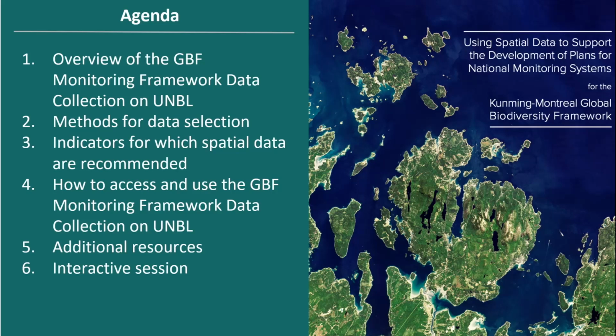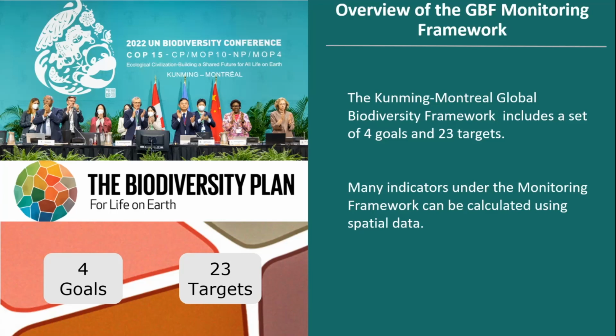Let's start with an overview of the GBF monitoring framework data collection. As you all well know now, the GBF adopted at the 15th meeting of the Conference of the Parties to the CBD includes a set of 4 goals and 23 targets.